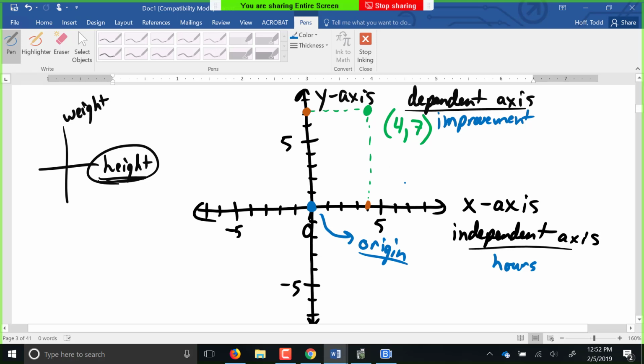So if I put points on here like this, what would the coordinate of that point be? 6, 2. Very good. How about that one right there? 0, 4.